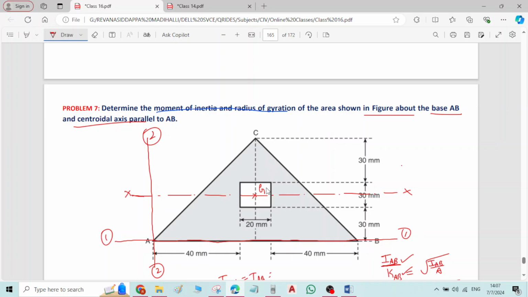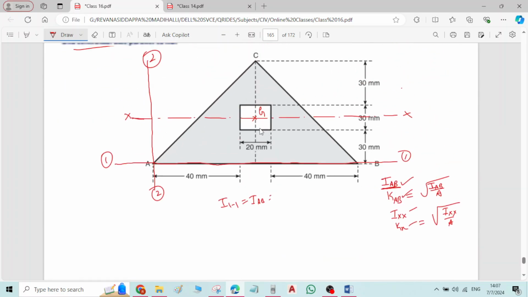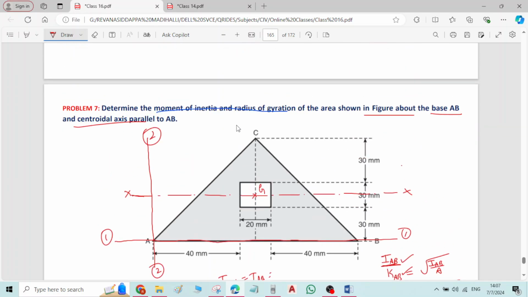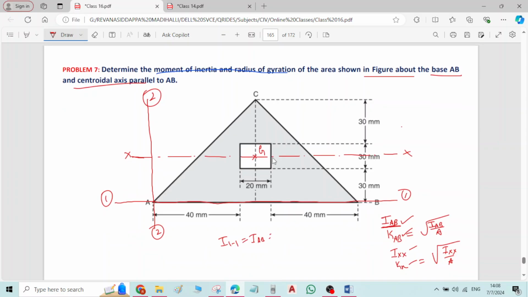Here we have this rectangle which is the unshaded portion, so we have to deduct the area of this rectangle while finding the total area, and for the IGX values also we should take a negative sign. Even if it is not stated, if there are some unshaded components in the problem, it is understood that you have to find the moment of inertia or radius of gyration only for the shaded portion.